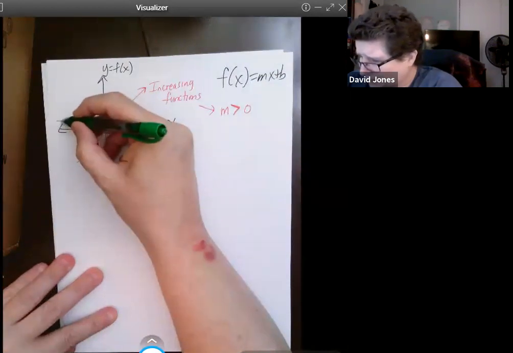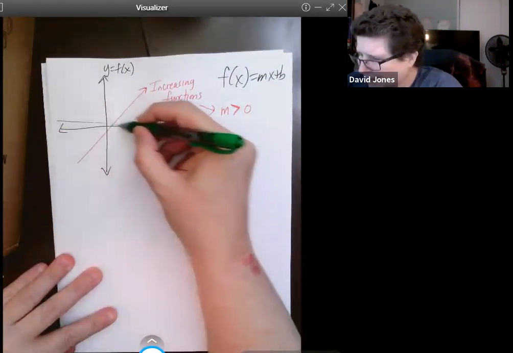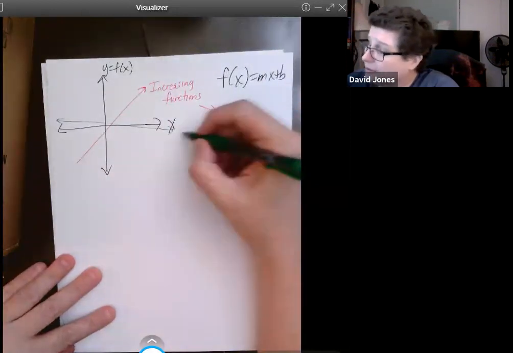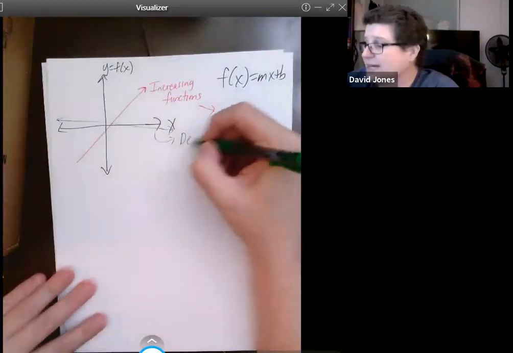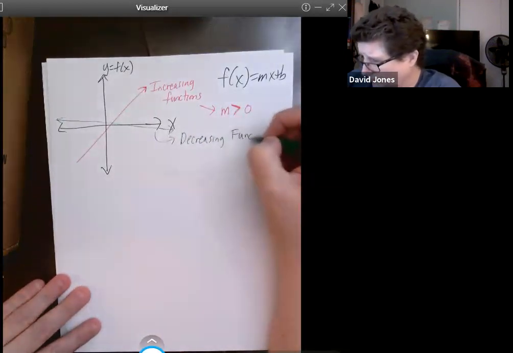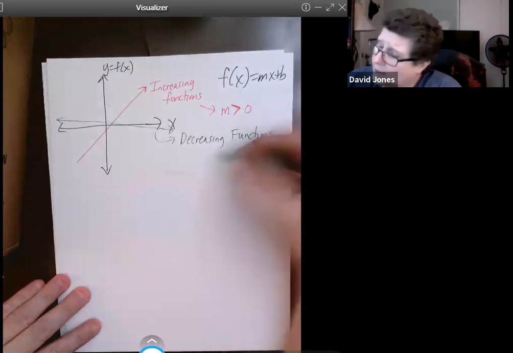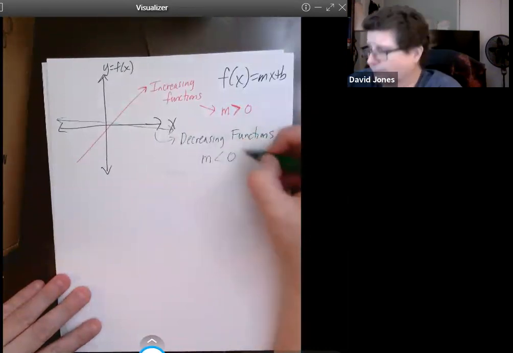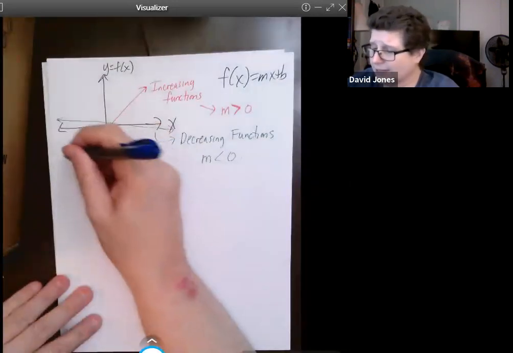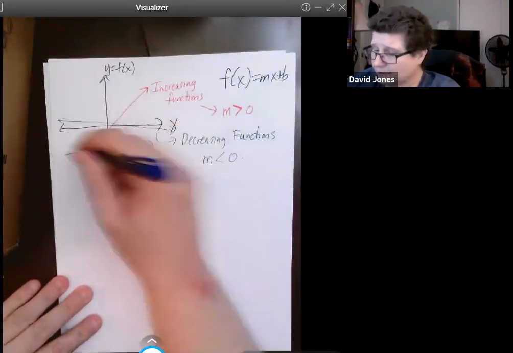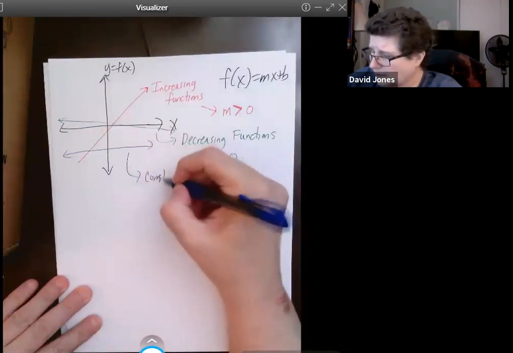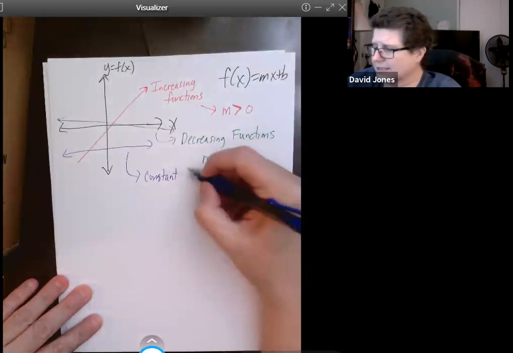Decreasing functions, and it doesn't matter how slowly it decreases, it could be really slowly like that. Decreasing functions have a negative slope. And finally, we have our constant functions.